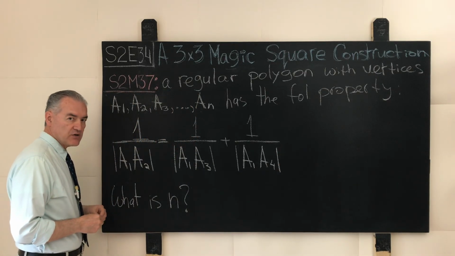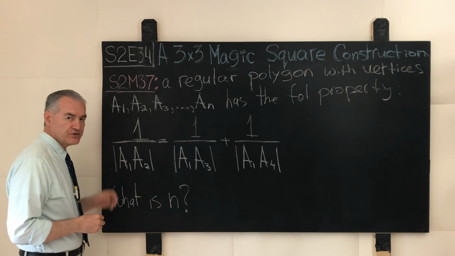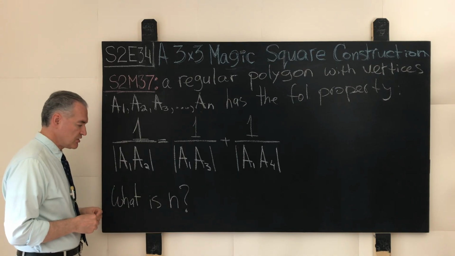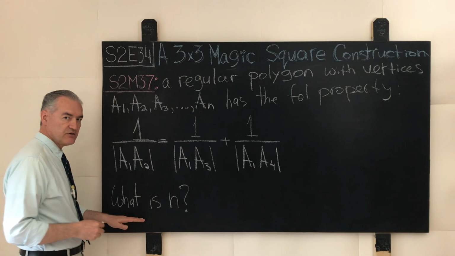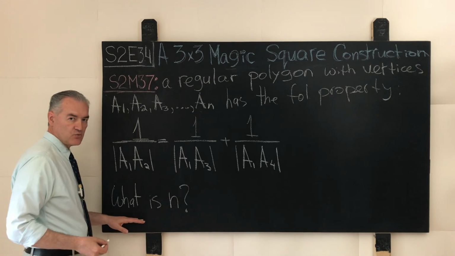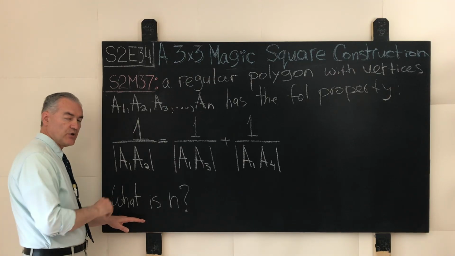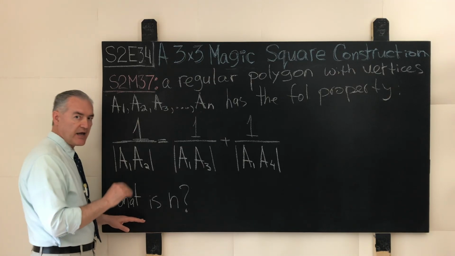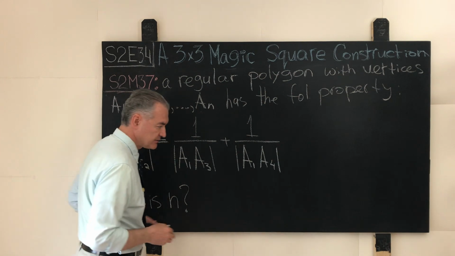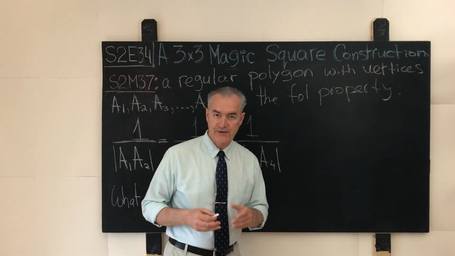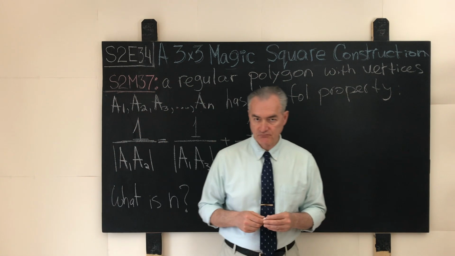So when we have a regular polygon on n vertices with this specific property, the question is, what is the value of n? In other words, is this an equilateral triangle, a square, a regular pentagon, a regular hexagon? What type of regular polygon is it?